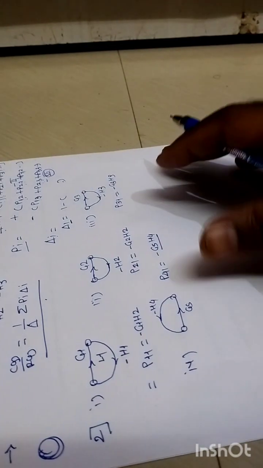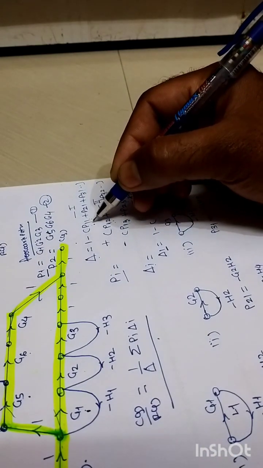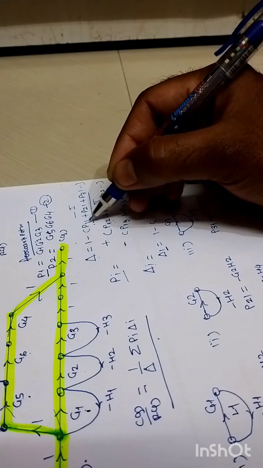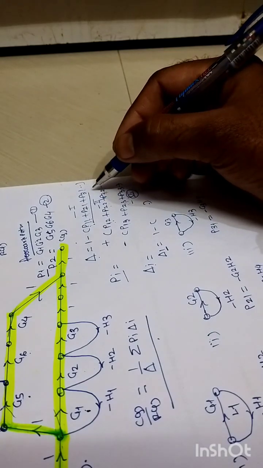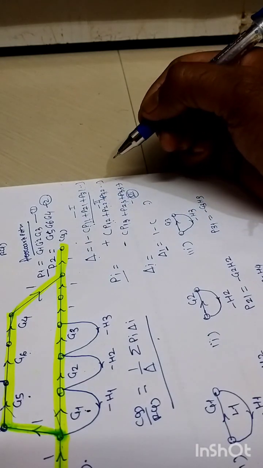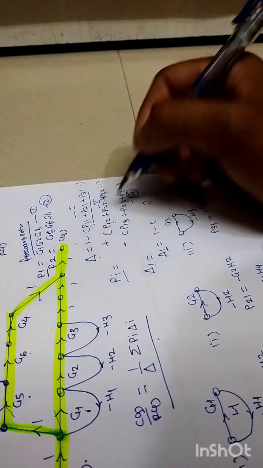As we have these four loops and their loop gains, then as far as Mason's gain formula is concerned, the first parenthesis is tabulated: the gain of the first individual loop, second, third, and fourth individual loops. Now we need to move to parenthesis number 2.